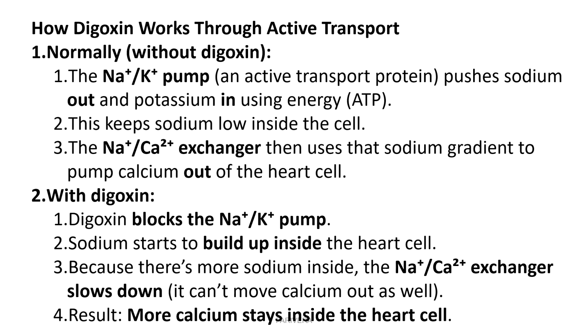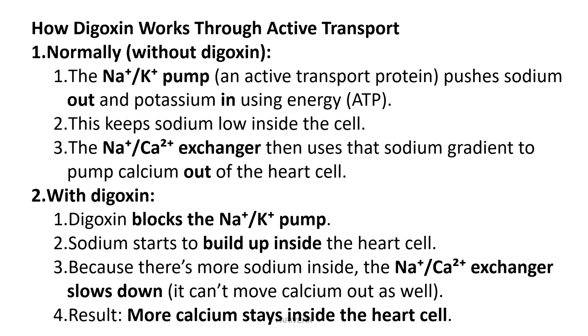For you to understand better, let's compare the normal situation with what happens when digoxin is present. Normally, the sodium-potassium pump uses ATP to move sodium out of the cell and potassium into the cell. This helps maintain a low sodium concentration inside the cell. The sodium-calcium exchanger then uses the sodium gradient to help move calcium out.